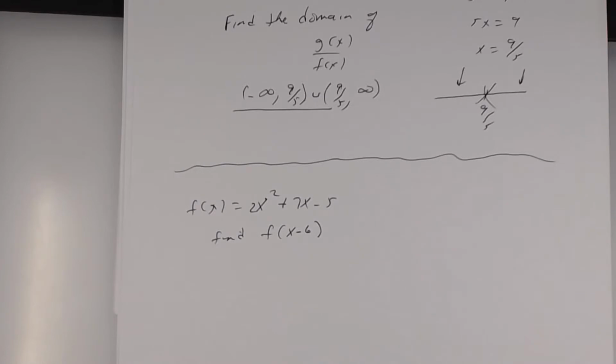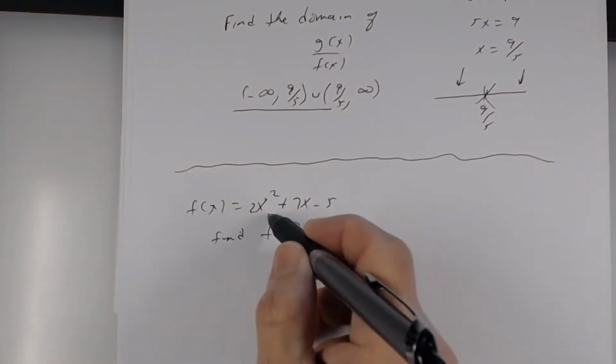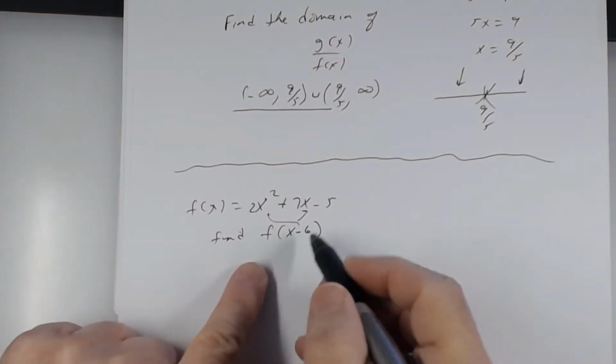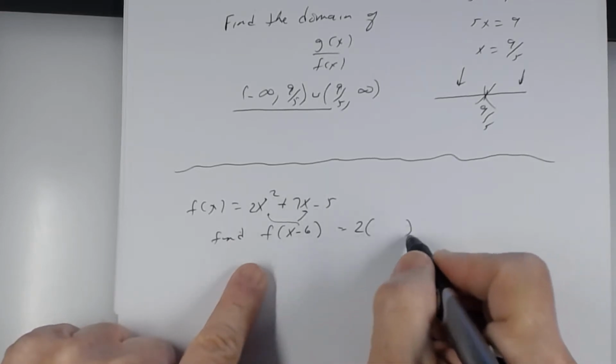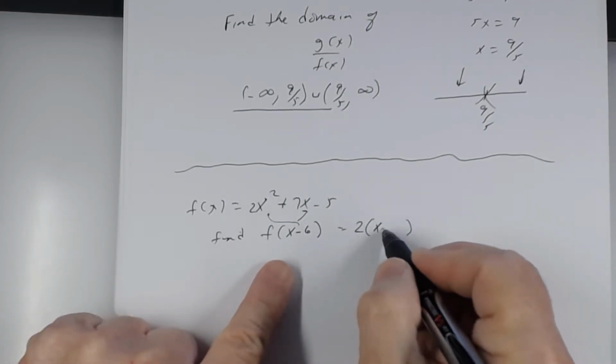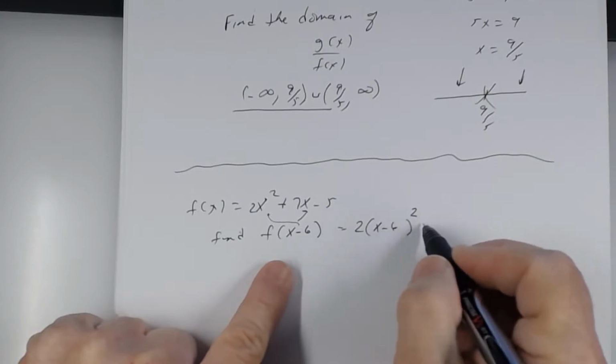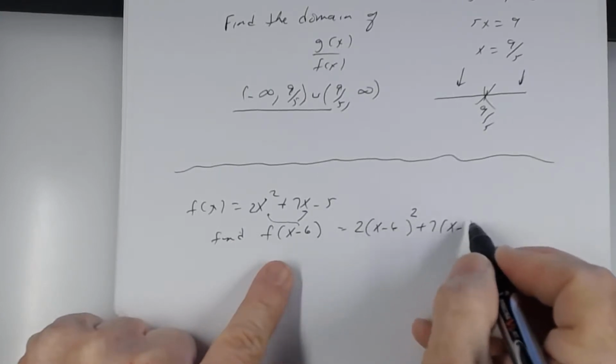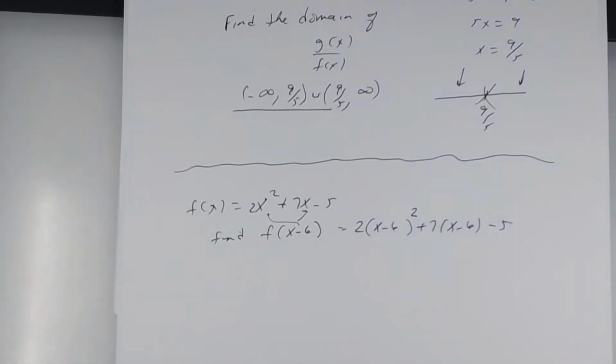If you have this on your test today, what would you do? Where we see the variable x in your function f, you're going to substitute x minus 6. So basically this right here is going to equal 2 times, in parentheses, what do I put? X minus 6, but that's being squared, plus 7 times x minus 6 minus 5.